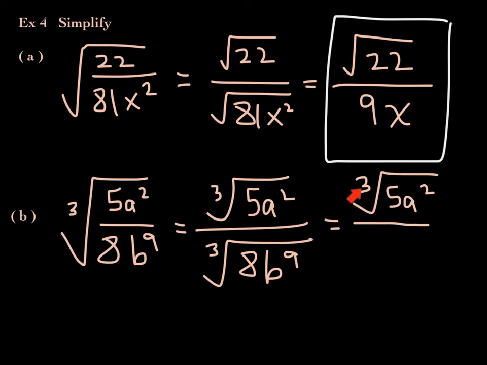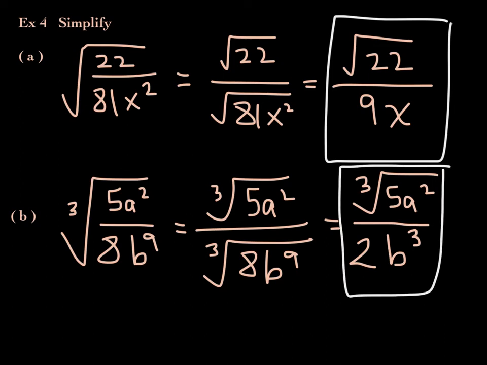And 3 cannot be divided into 2. In other words, this numerator is already simplified. The denominator, however, the cube root of 8 is 2, and 3 goes into 9 exactly 3 times, so that's just b cubed. All right, everybody, this is the quotient rule in action.